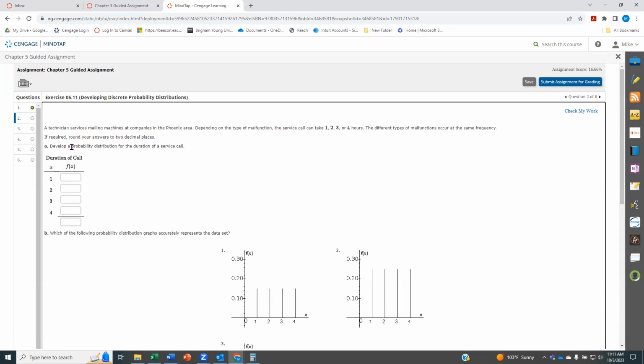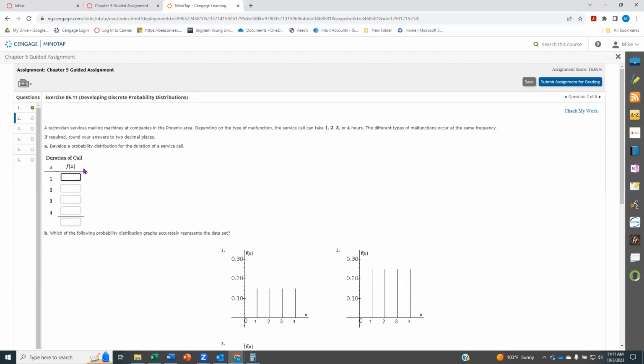So develop a probability distribution for the duration of a service call. If there's 4 options and they each occur with the same frequency, then it's just going to be 0.25 for each of them. Or there's a 25% probability that it's a 1-hour service call, a 25% probability that it's a 2-hour service call, 3, 4, etc. So we add those all up, they add up to 1.